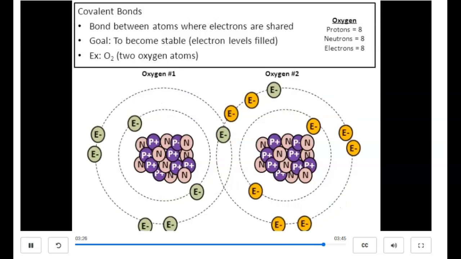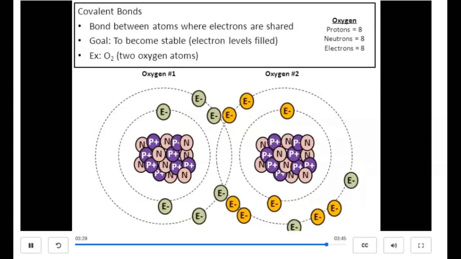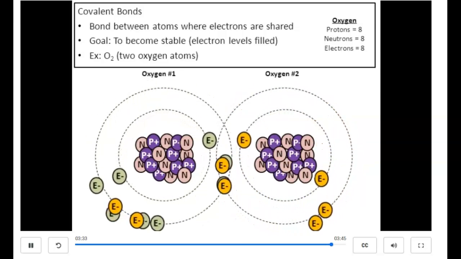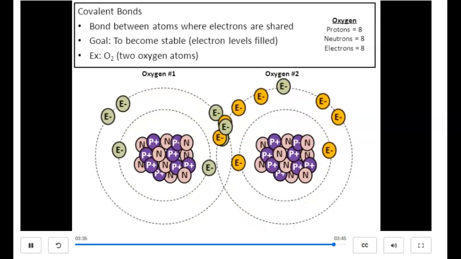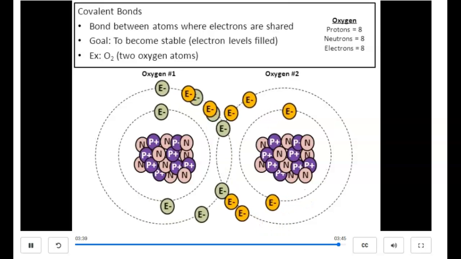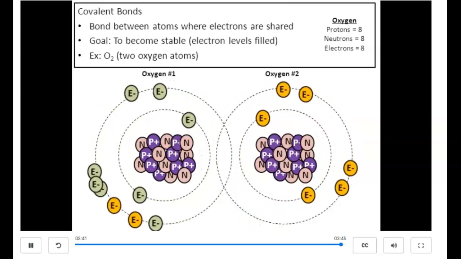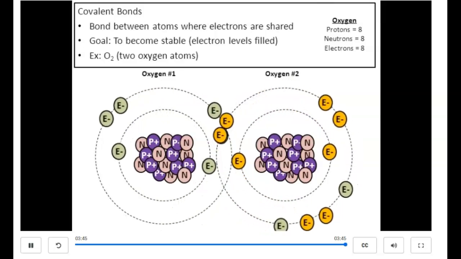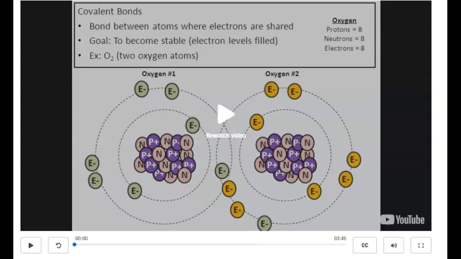If I set those electrons in motion, those shared electrons are zigzagging back and forth kind of like in a figure 8 right here. Because of this sharing of electrons, both oxygens, oxygen number 1, oxygen number 2, have filled outside levels. That's a covalent bond.